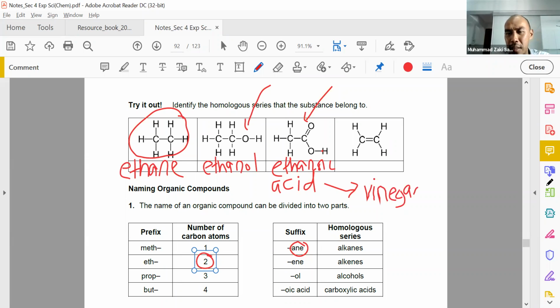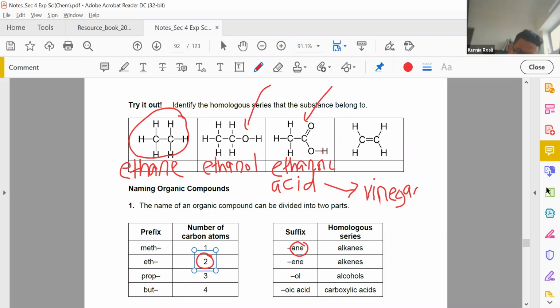Okay, next, this one. Can you name me the compound? It's an alkane. Only the full name.